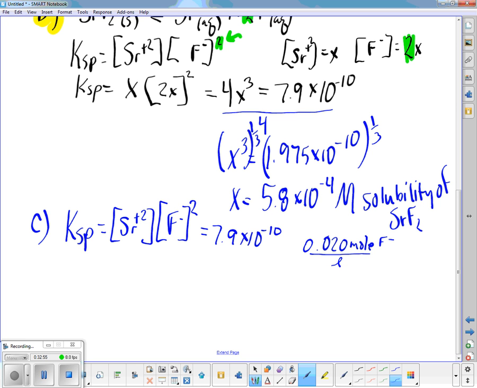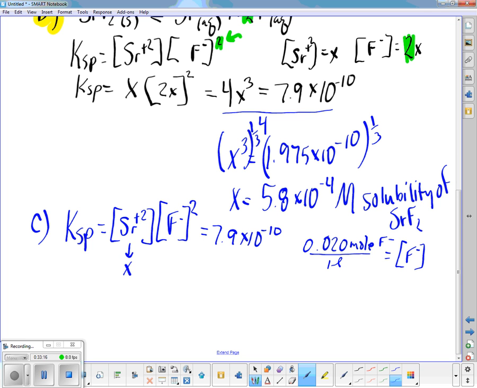An aqueous solution of strontium nitrate is added slowly to 1 liter of well-stirred solution containing 0.020 moles of fluorine. So because I got 1 liter on the bottom, that's going to be my concentration of F minus. Okay, so over here I don't know what strontium is.